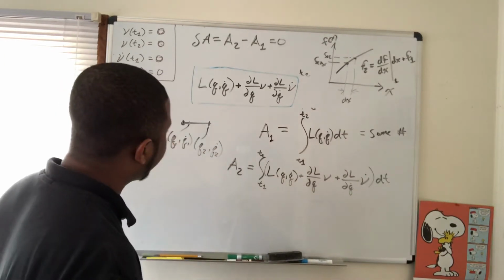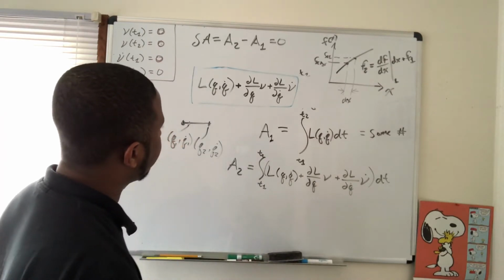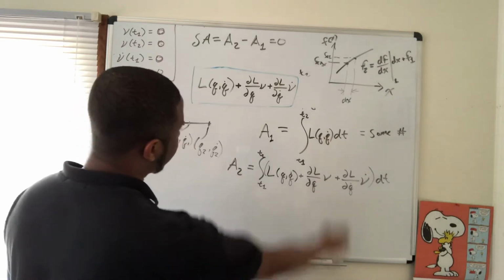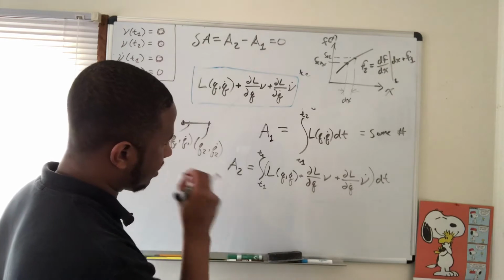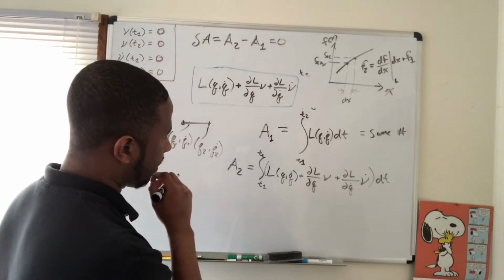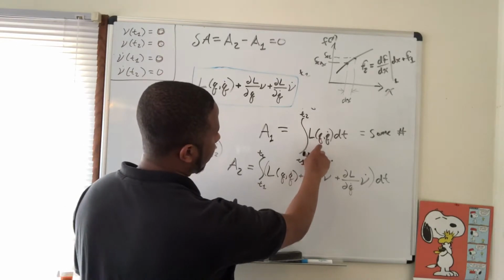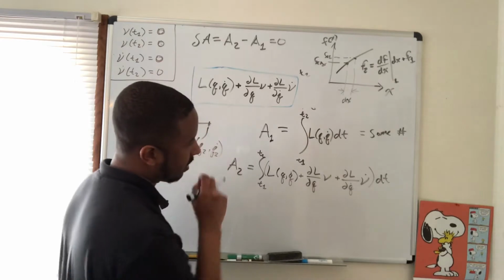But this is one-dimensional. If you have 2 dimensions or 3 dimensions, basically you would do this for every dimension in order to get your equations of motion. So right now I'm just saying that this is Q1 and this is Q1 dot.